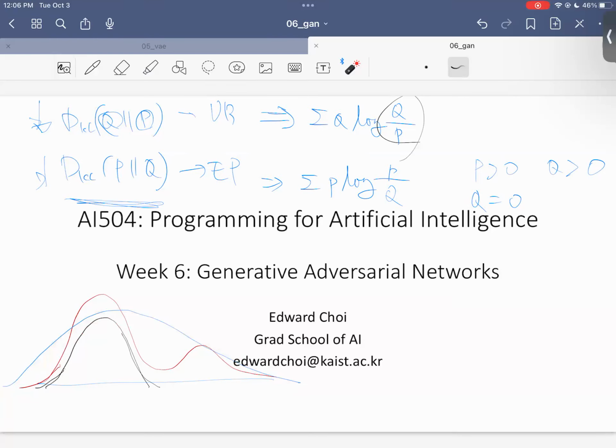Q의 제너레이션은 P의 제너레이션일 거라는 믿음이 있는 거죠. 프리시전이 높은 거죠. 대신 이런 건 절대 제너레이션 못하죠. P는 꽤 여러 개 모드가 있음에도 Q는 하나의 모드만 어프록시메이트 하기 때문에 P의 모든 걸 제너레이션 하지 못합니다. 그래서 리콜이 떨어진다고 보시면 되겠습니다.